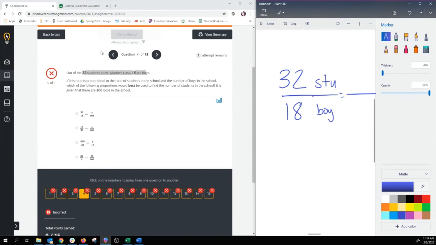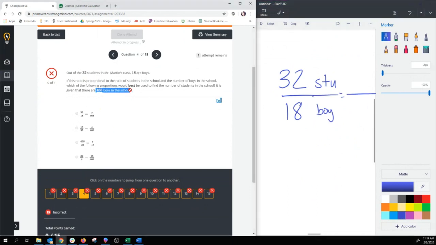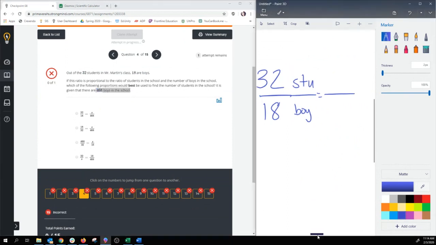So it tells me that there are 460 boys in the school. So if my units need to stay the same here, do I want to put that number on top where students is, or do I want to put that number on the bottom where boys is? It should go on the bottom, right?